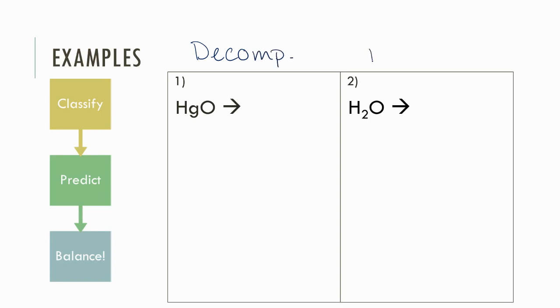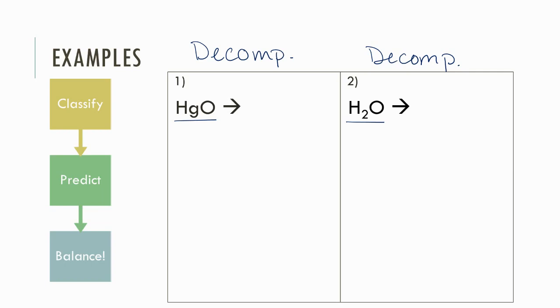So both of these are decomposition. I'm giving you that context in this case. You may not have it in the future. If you don't have it in the future, we can think about the fact that the only thing that can happen with one compound on the left side of a reaction is it has to break down. That's its only option.